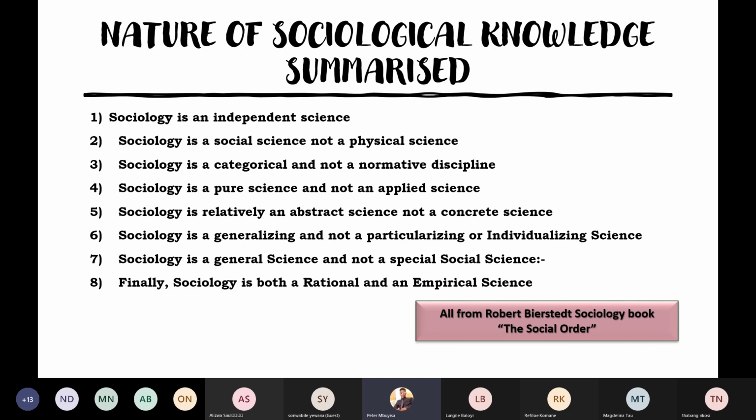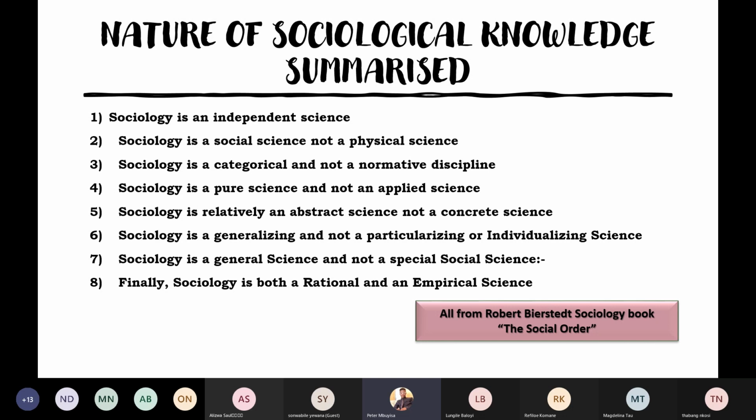Number two, sociology is a social science, not a physical science or a natural science. We say that because even though sociology is an independent science, it belongs to the family of social sciences and not to the family of physical sciences or natural sciences, which means there was a change in its name.